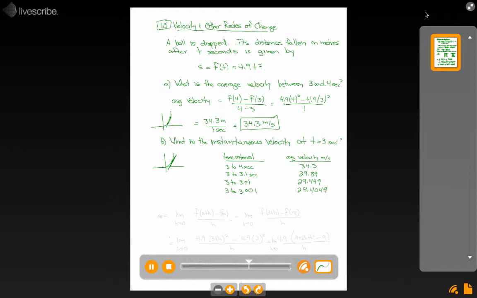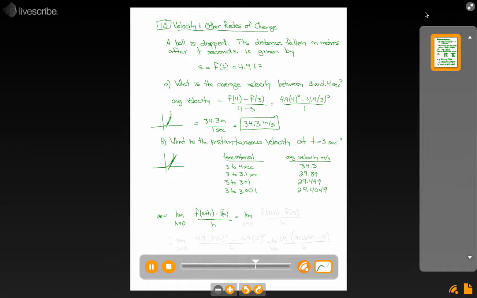But if we go back to what we learned in the last section and do a limit, we should be able to actually find this a bit more accurately. Remember that the slope of the tangent line is the limit as h goes to 0 of f of a plus h minus f of a, over h.